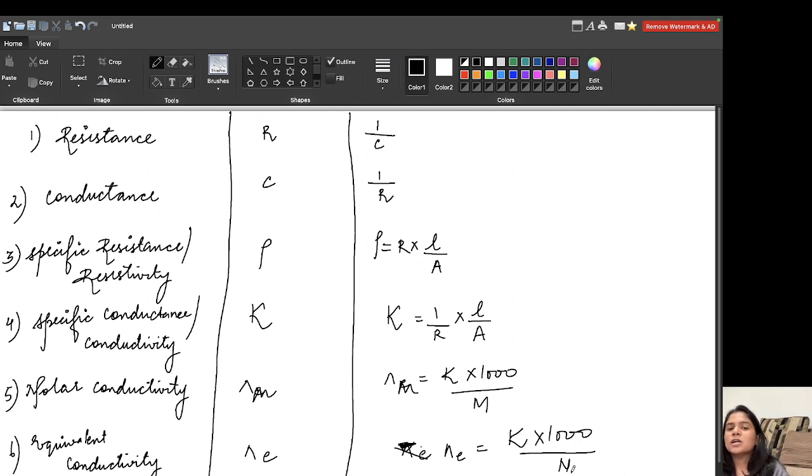So these are the formulas which you need to remember. You can take a screenshot of this for your ease. And let's do the questions now. 2-3 questions we'll do, and then we'll do the variations of conductivity.